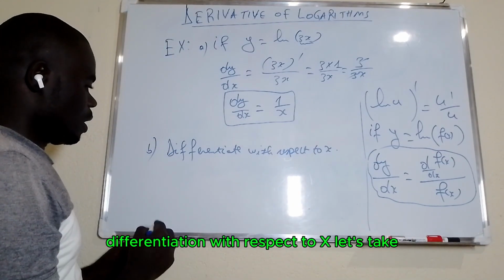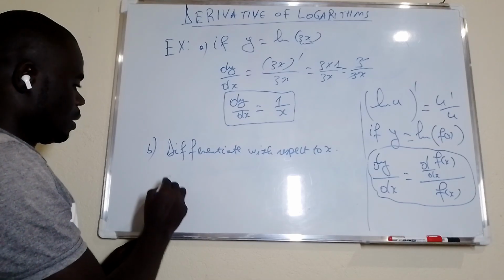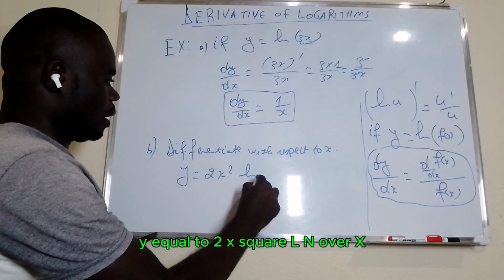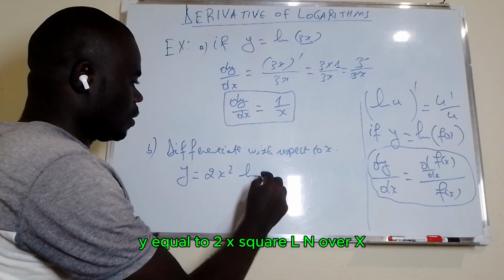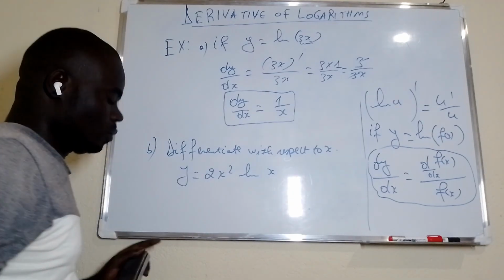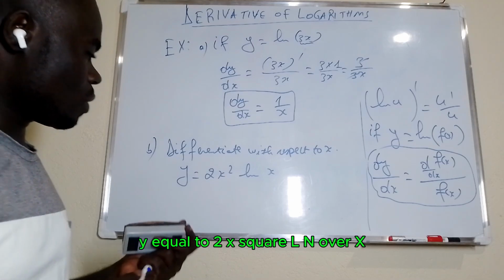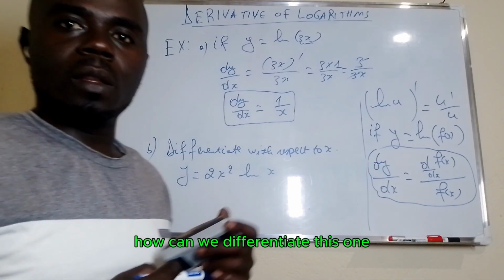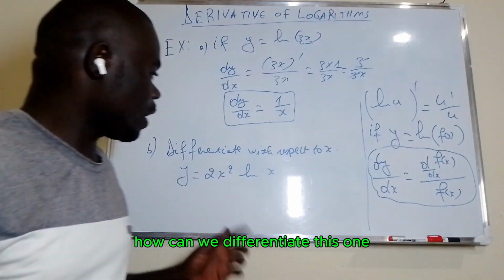Let's take y equal to 2x squared ln of x. How can we differentiate this one?